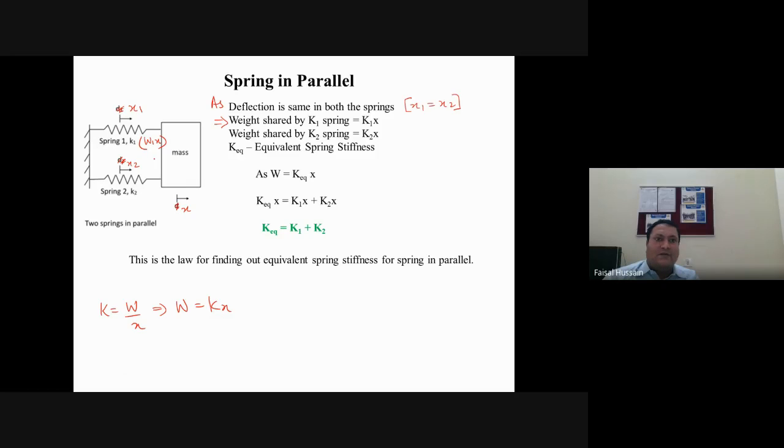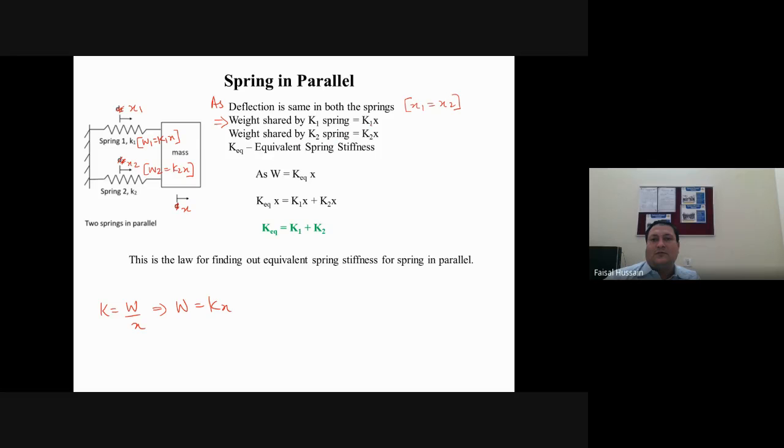So load share by spring 1 will be W1 into X and it will be W2 into X. Load share will be W1 equal to K1 into X and W2 equal to K2 into X. Okay.